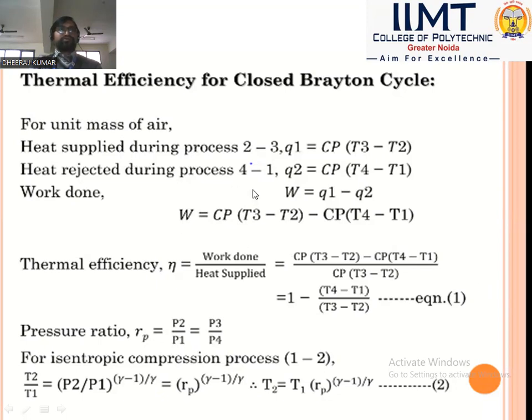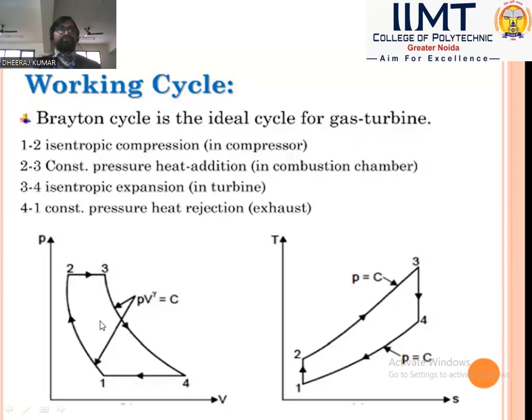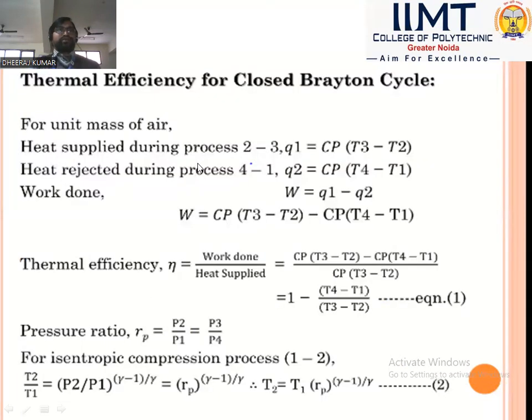For unit mass, the heat supplied during process 2 to 3 is Cp (T3 minus T2), and the heat rejected during process 4 to 1 is Cp (T4 minus T1). So the net work done is Q supplied minus Q rejected. So W is equal to Cp (T3 minus T2) minus Cp (T4 minus T1).